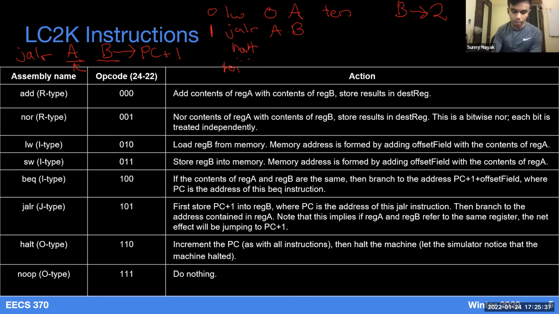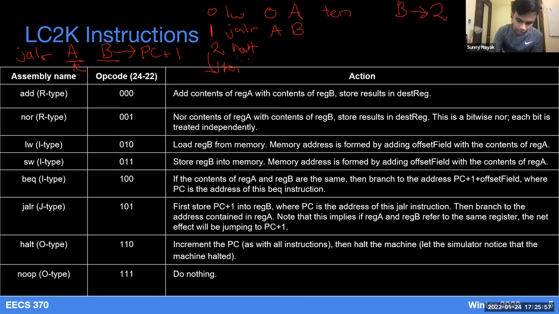And so I'm going to jump to this instruction down here, and I'm going to follow them sequentially. But let's say I want to come back to the instruction that I was at. I want to come back to instruction 2, or I want to come back to the point of code that called the jalr.